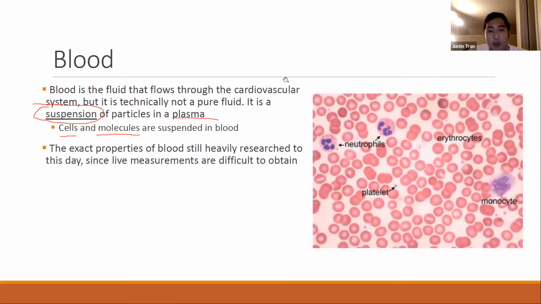Believe it or not, we still don't fully understand how blood works in terms of its physical properties, so that's still a very active area of research today.